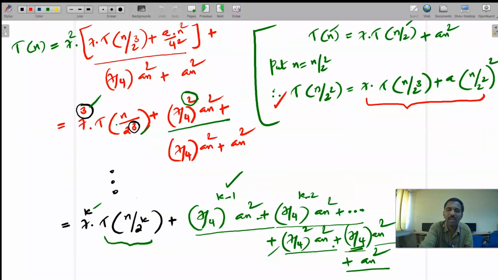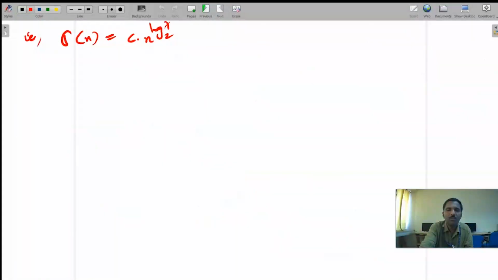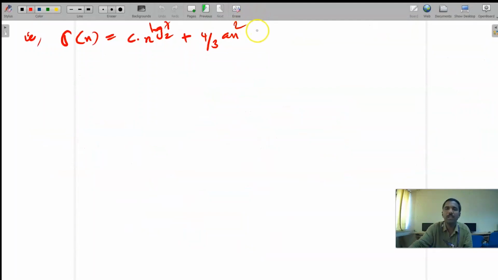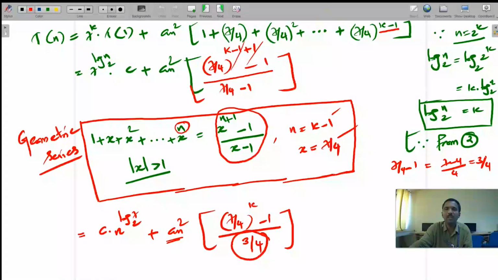So let's write this as 4 by 3 a n square. This is multiplied with 7 by 4 whole power k minus 1.